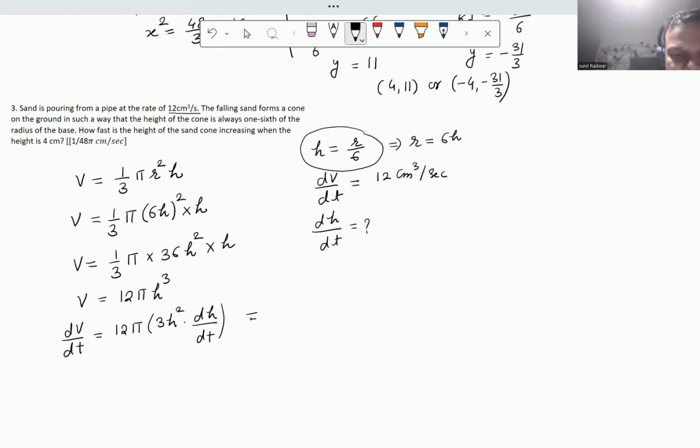Now just put in the values. dV over dt is 12. Here we have 12 pi. h is 4 centimeter. So 3 times 4 squared times dh over dt.